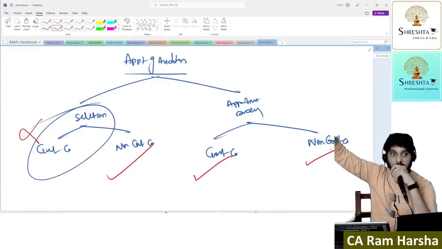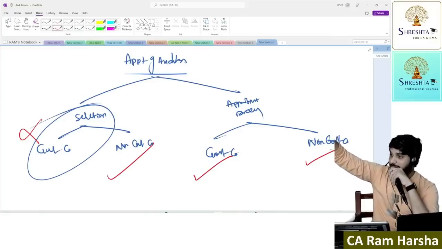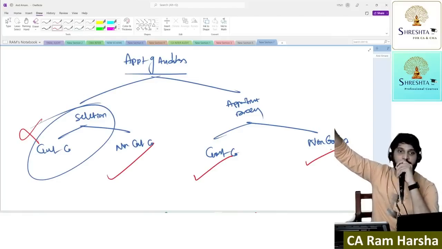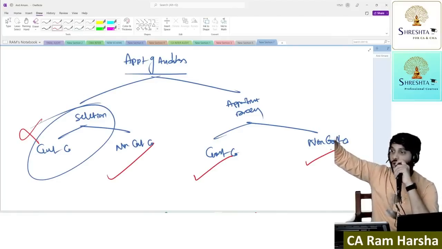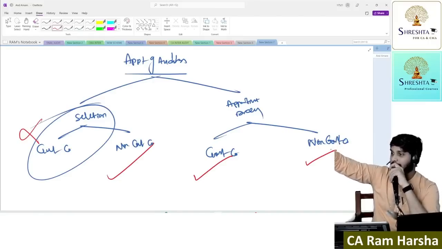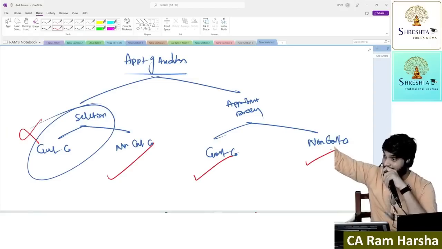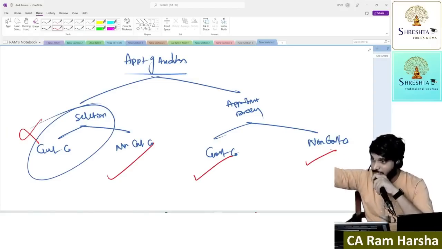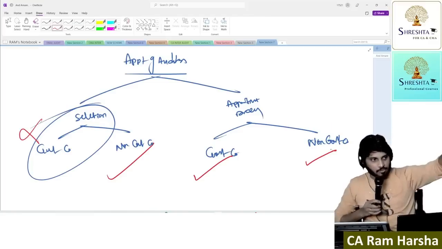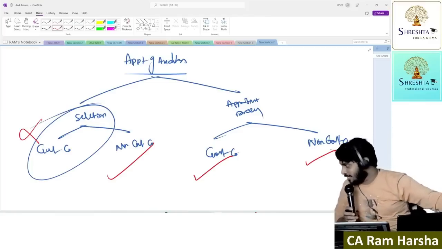Criteria 3, a combination of central and state together hold minimum 51% of voting power. Or if a company is a subsidiary of another government company, then that company is also a government company. Only these 4 criteria. Are you getting the point?